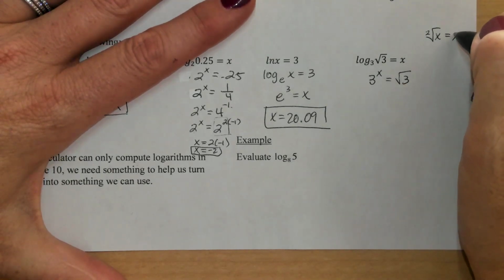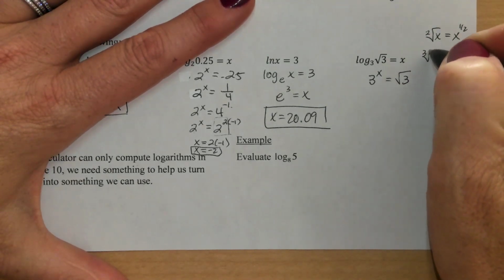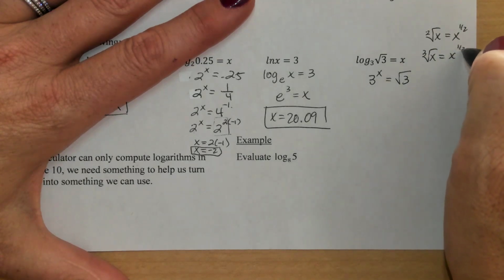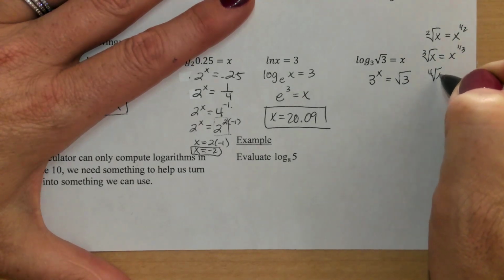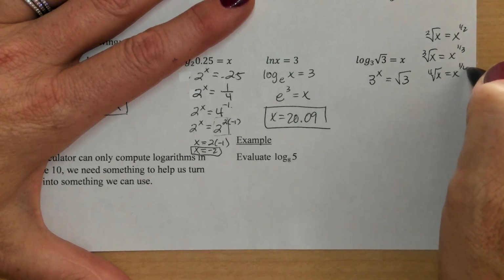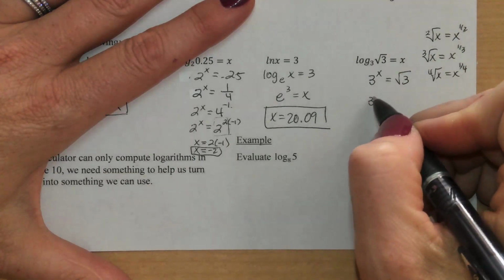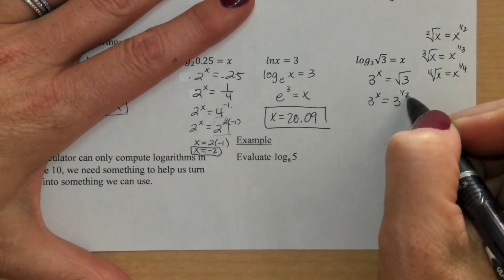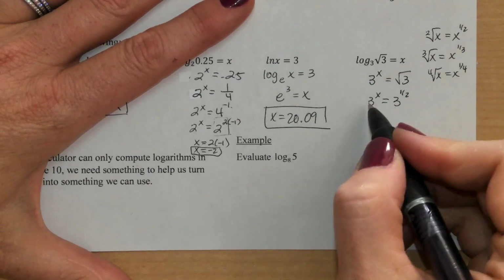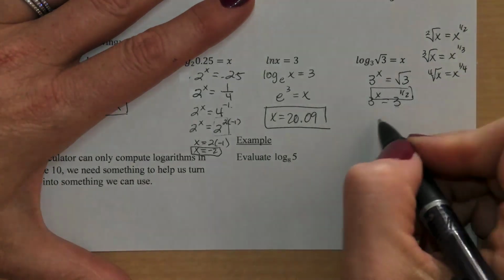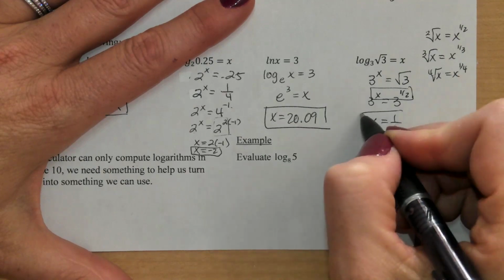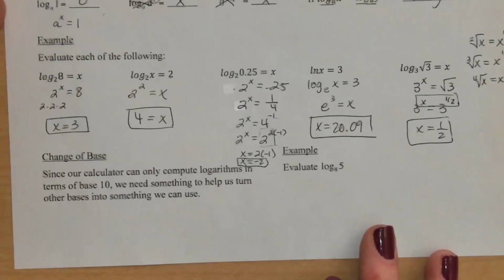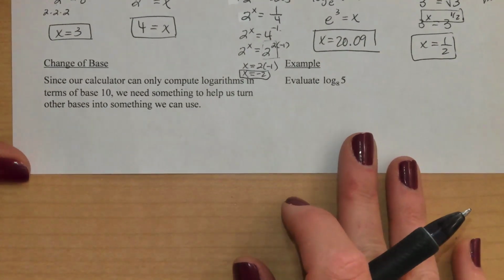So if I have the square root of x, that would just be a half power. If I was doing the cubed root of x, I would have a third power. Fourth root of x, fourth power, and so on. So this being a square root is going to be a 1/2 power. And now that I have my bases the same, that means my exponents have to be, so x is a half.